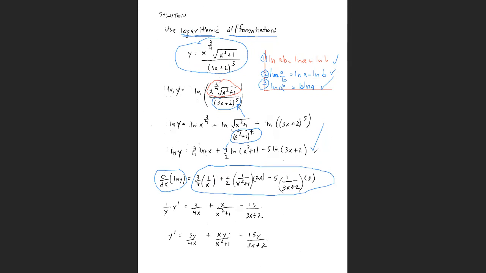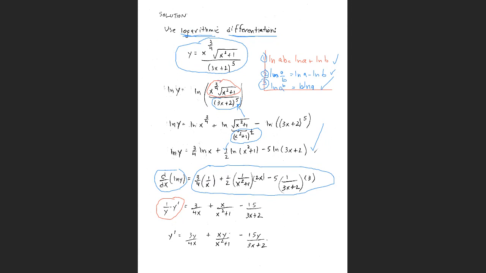And so now, on the left, the derivative of the log of y with respect to x, well, that's just 1 over y times y prime. What procedure did we use to get that on the left? What kind of differentiation? In other words, the derivative of the log of y with respect to x is 1 over y times y prime. What was used there?